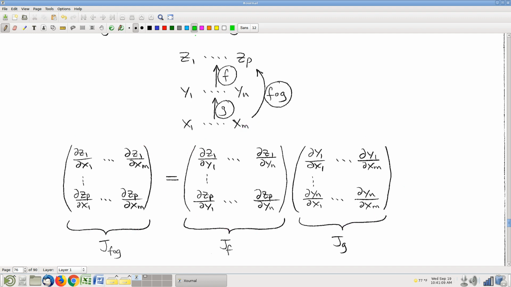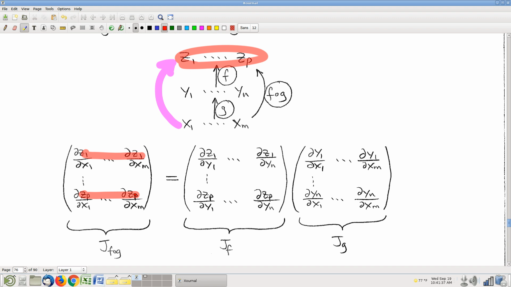Notice that looking for partials of z variables with respect to x variables, the output variables, z1 through zp, are, well, all the numerators there are z1, et cetera, as you go down the rows.